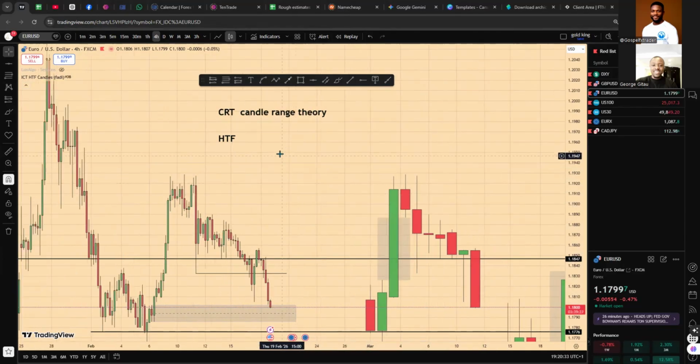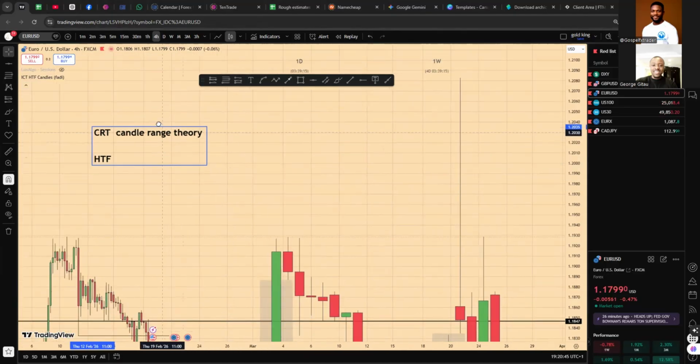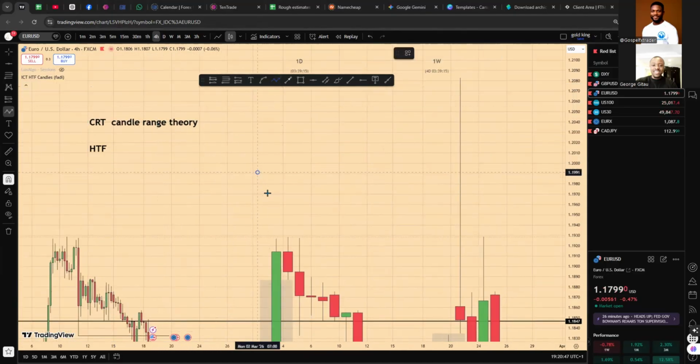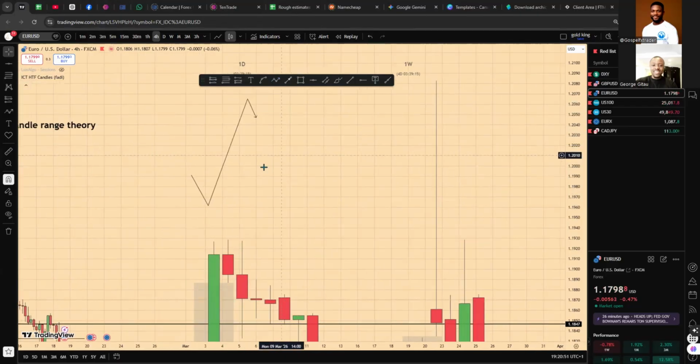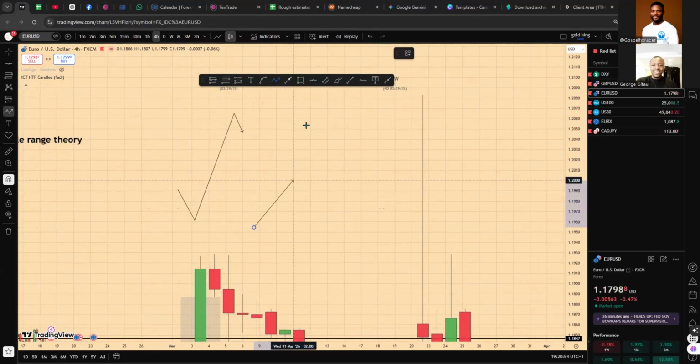Now, what actually is this candle range? Why should we use ranges? If you remember the lesson that we had on ranges, which is talking about premium and discount. Basically, you know that this is how the market moves.